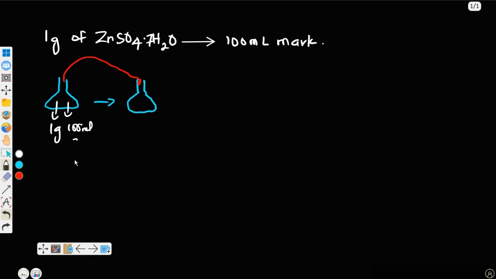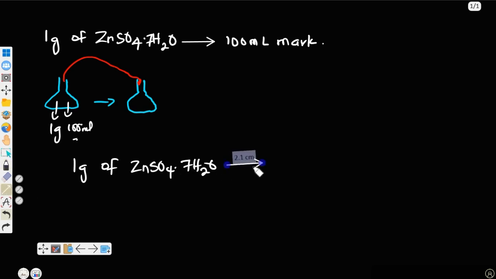Now it means if 1 gram of zinc sulfate heptahydrate is equal to 100 ml of water, therefore 20 ml, we want to calculate the mass of standard sample. That means the mass of the sample you should assay. 20 ml will be equal to x.